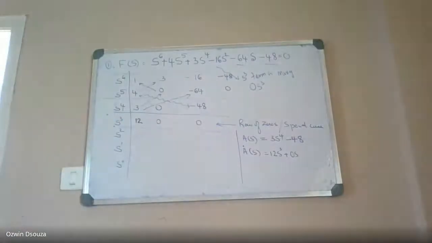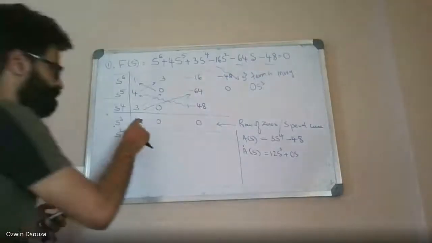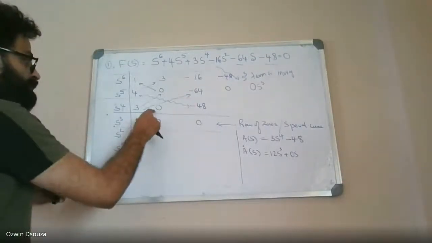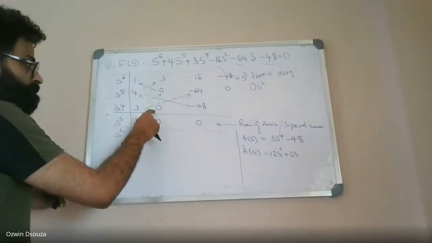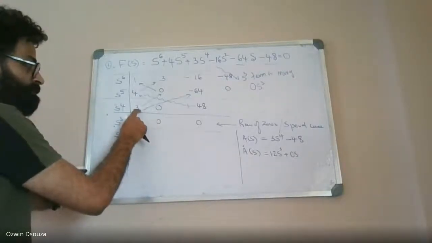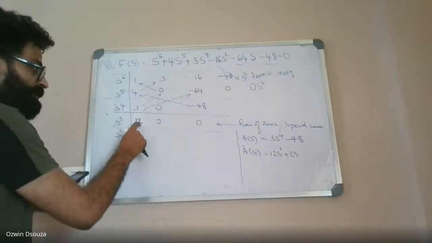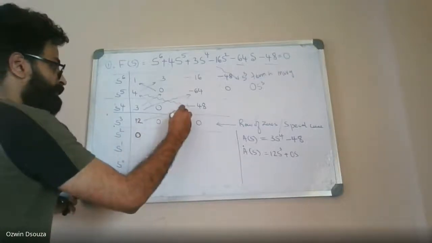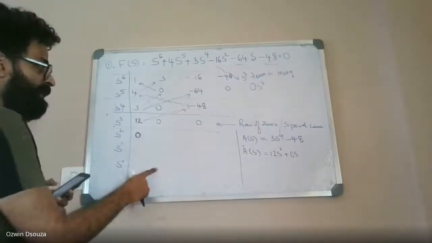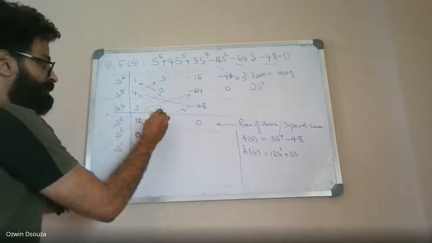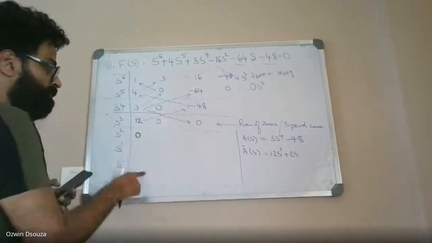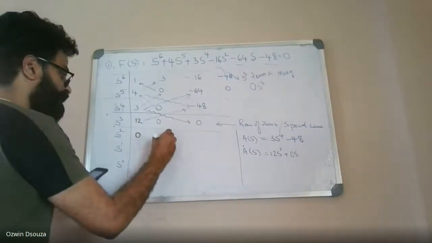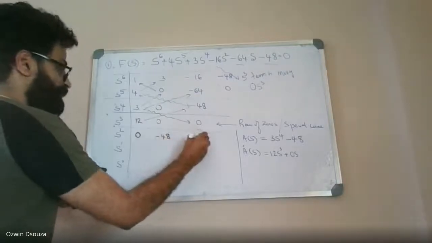Okay, fine. Continue with the table. So 12 into 0 minus 3 into 0, that is 0, divided by 12 is 0. And then 12 into minus 48 minus 3 into 0 divided by 12. So basically you will get minus 48 here, and then you will get 0.